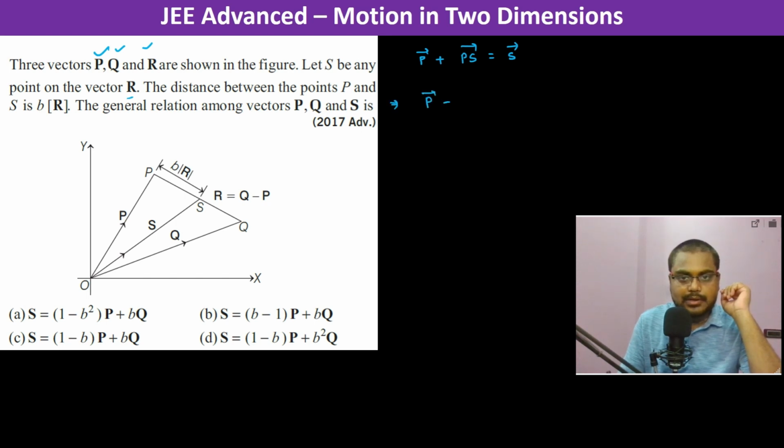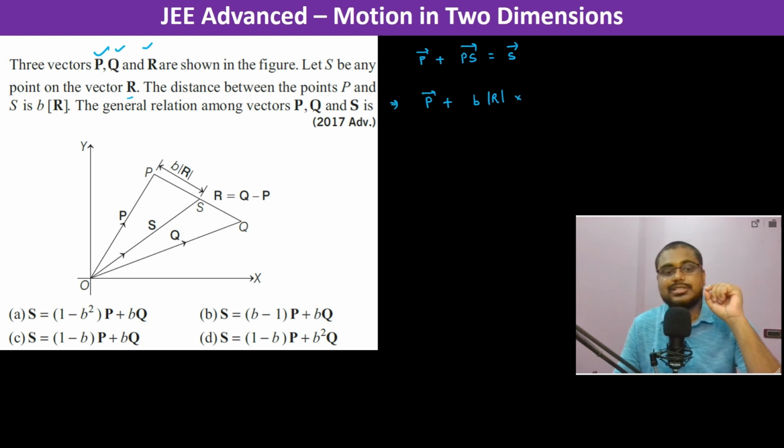Now the magnitude of PS vector is B into mod R, and for the sense of the direction, if you see this PS vector is in this direction, and in the same direction its R vector is also there. So therefore we can write PS vector, the magnitude of PS vector is B into mod R, into R cap.